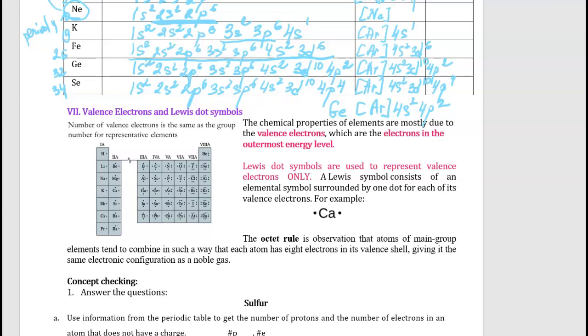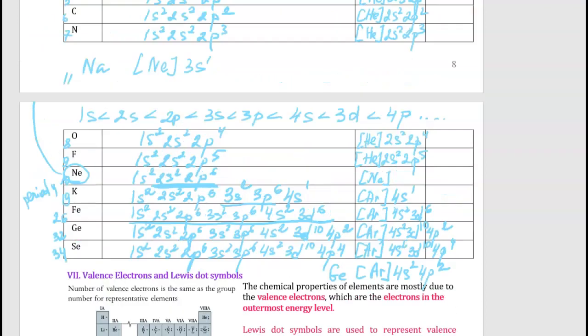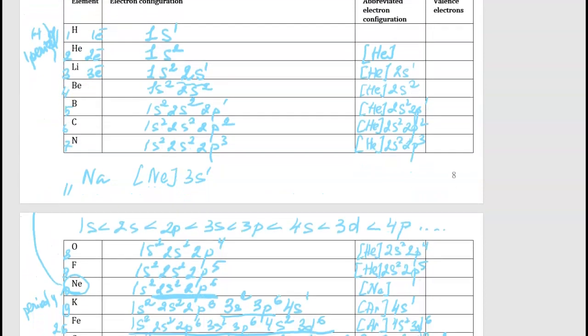Okay, let's go on. The chemical properties of elements are mostly due to the valence electrons, which are the electrons in their outermost energy level. What does that mean? For example, let's see here. Outermost energy level or outer shell, right? So if we have elements from period number 2, like lithium or boron or carbon, the outer shell will be the second shell, the shell number 2.